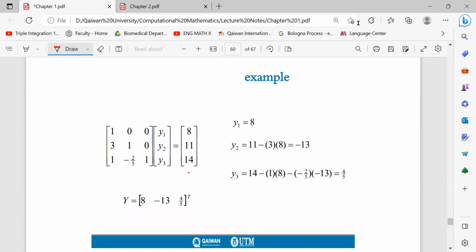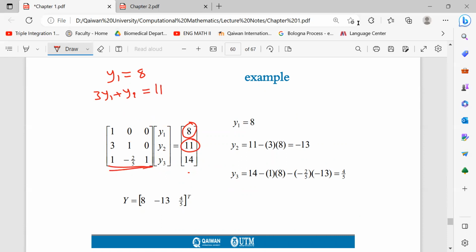It's easy to find. Multiplying the first row by the column, we get 1 times Y1 plus 0 times Y2 plus 0 times Y3, so you get only Y1. Y1 equals the first element here, which is 8. Then the second row gives 3 times Y1 plus 1 times Y2, so 3Y1 plus Y2, equals the second element, which is 11.